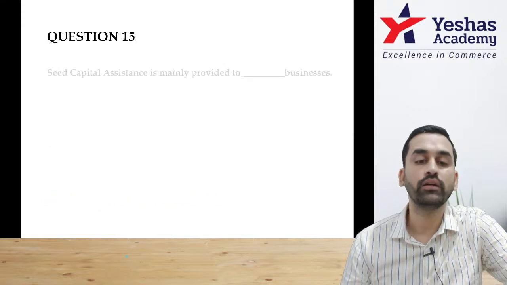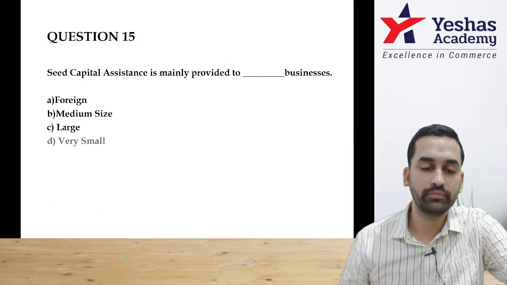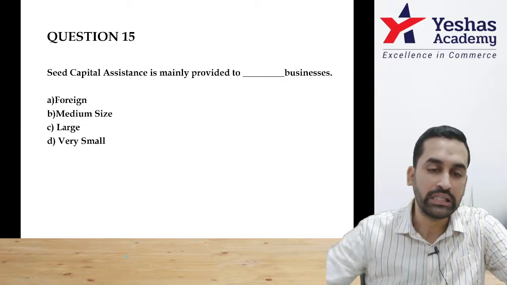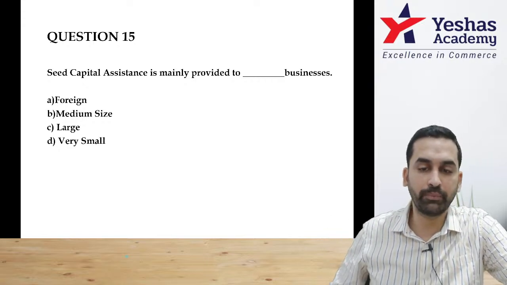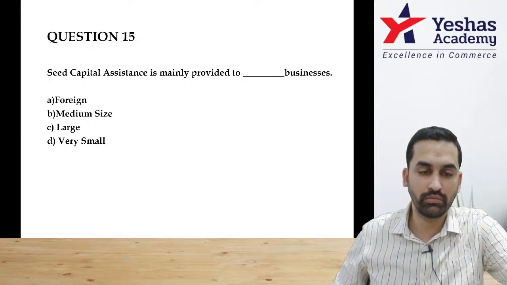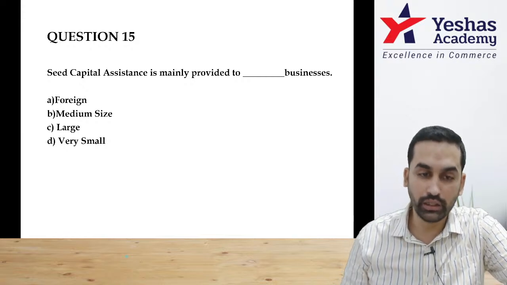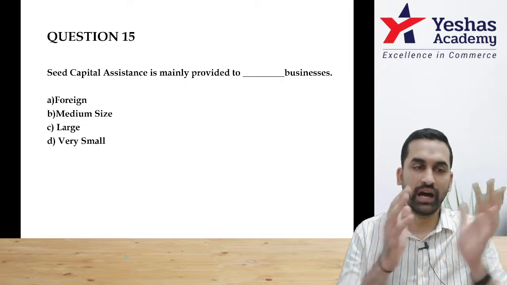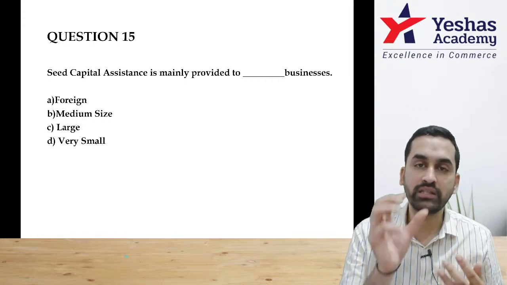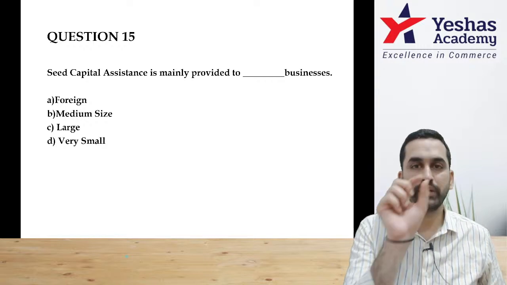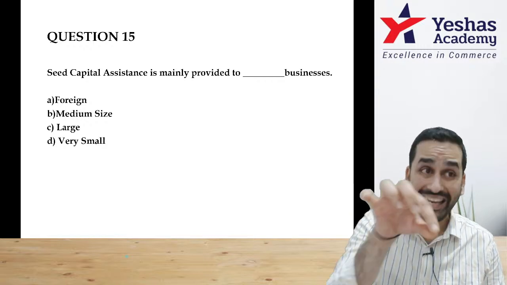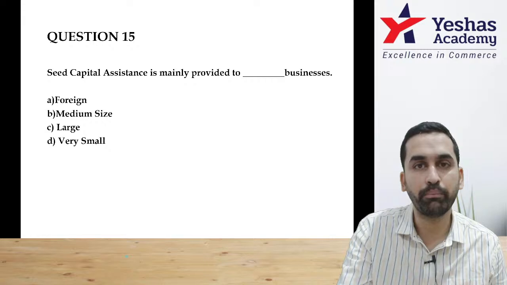Yes, sir. Question 15. Tell me. Seed capital assistance is mainly provided to dash businesses: foreign businesses, medium-sized businesses, large and very small business. Understand, name itself says seed capital assistance. That means small contribution initially done by banks.